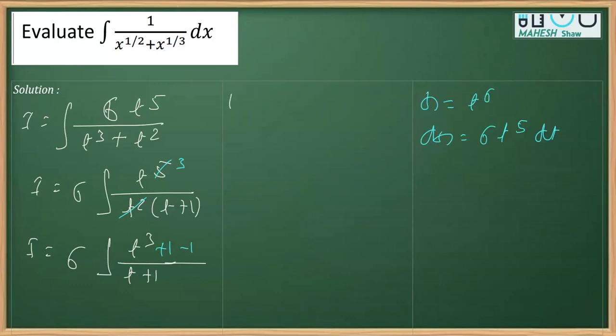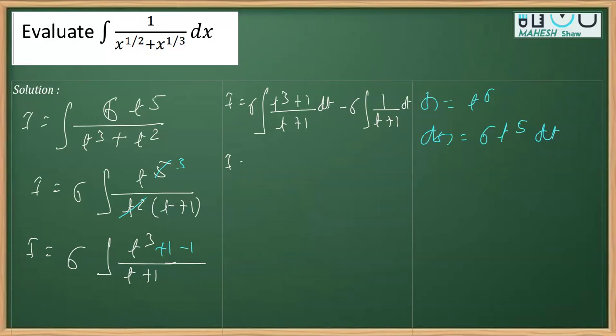Now, writing this further, this is 6 times t cube plus 1, divided by t plus 1, minus 6 integration 1 over t plus 1, and this is dt here.